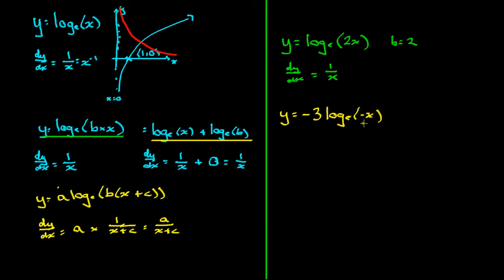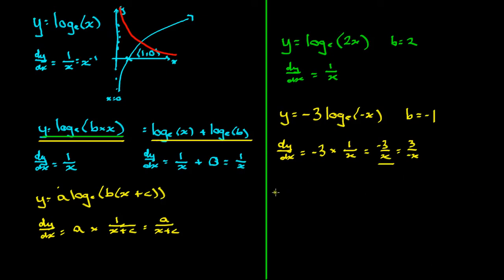Now here it's important to realise that negative x is simply a coefficient of negative 1 in front of x. So b equals negative 1, and dy/dx is equal to negative 3, which would always remain at the front, times again just 1 on x, because this does take the form y equals log e of bx. So this equals negative 3 on x, or perhaps if you wanted to write it another way, 3 on negative x, but I recommend the first way we wrote it.